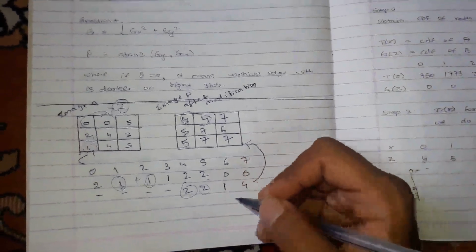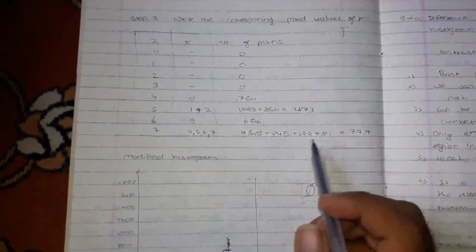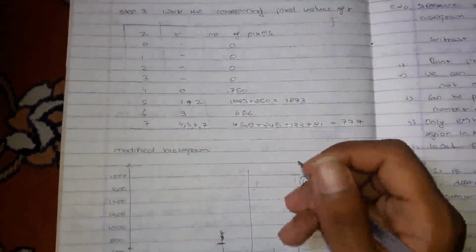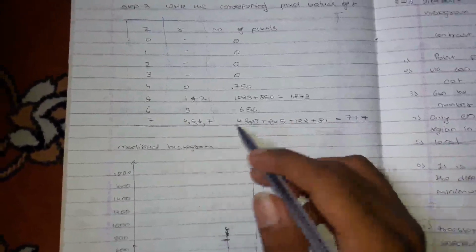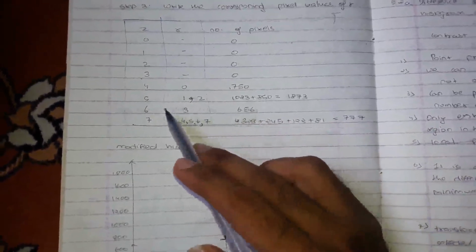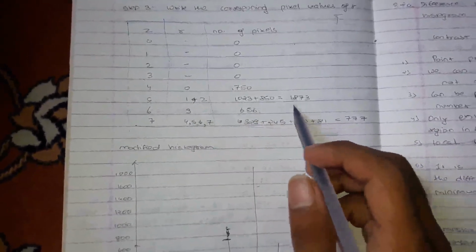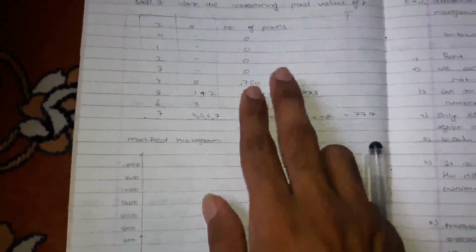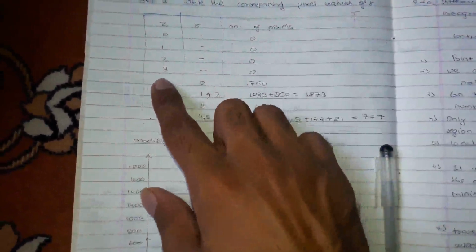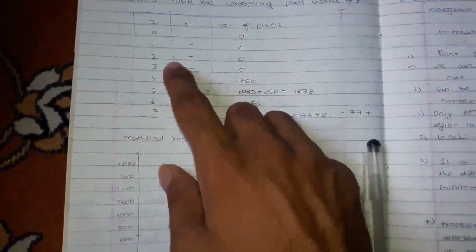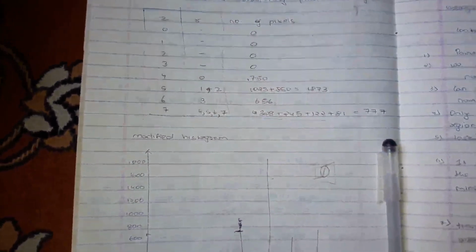Maybe over here I am getting 7 as 777, and with a different strategy, you get 7 as 656, or 5 as 750. These things may change, like here 4 is 750, so there 3 would be 750.